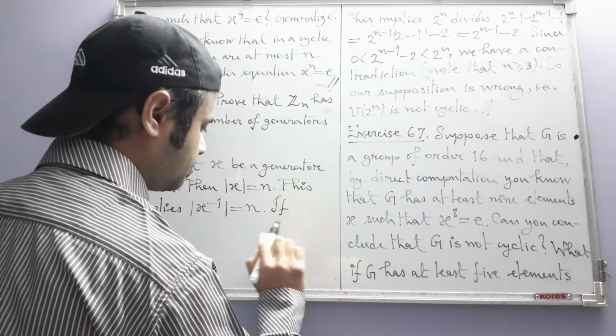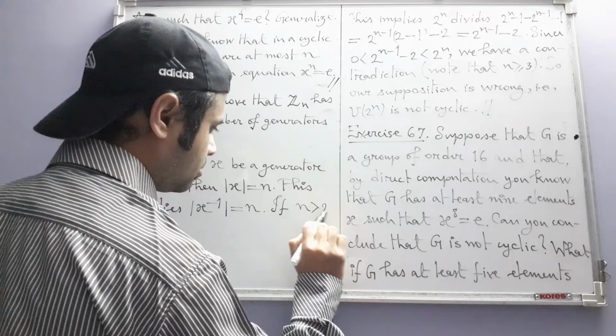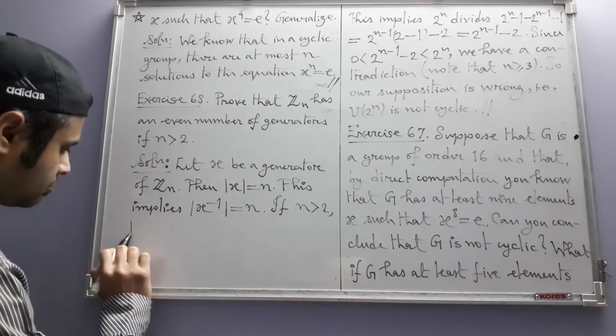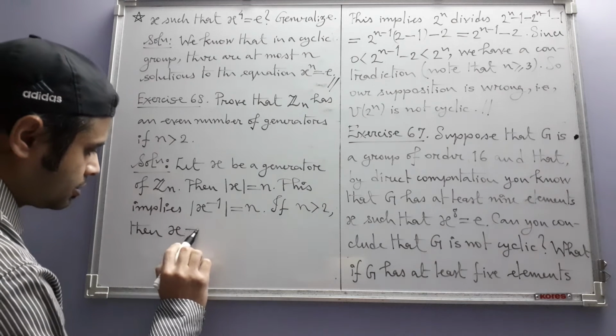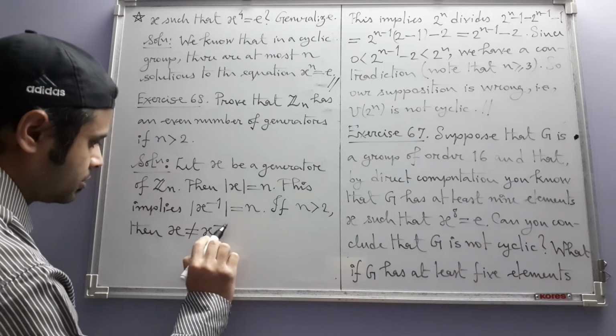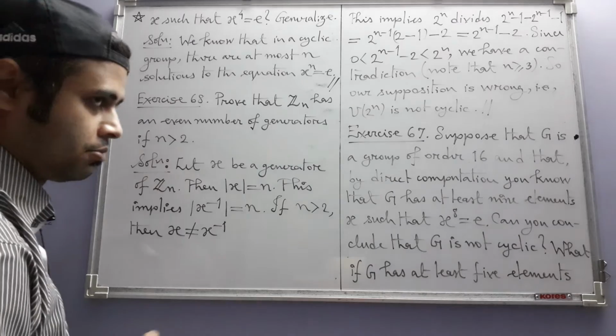If n is greater than 2, then X is not equal to X inverse. Why?